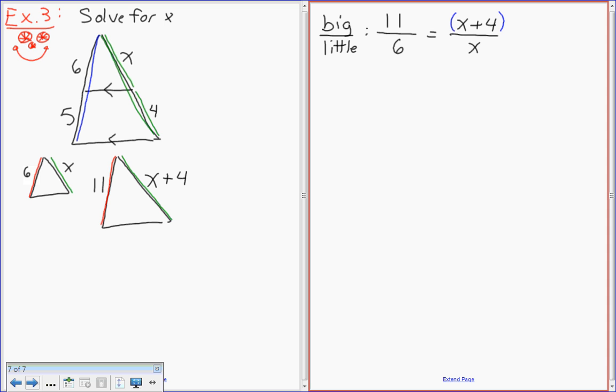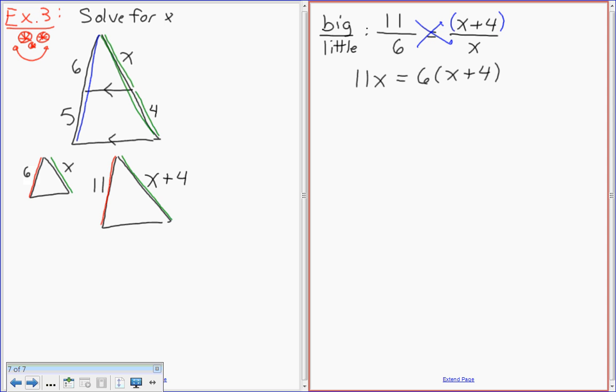Jake, can you show off your cross multiplying to the class, please? Okay, so it's going to be 11x equals 6 bracket x plus 4. Okay, the 6 is multiplied by the entire x plus 4.